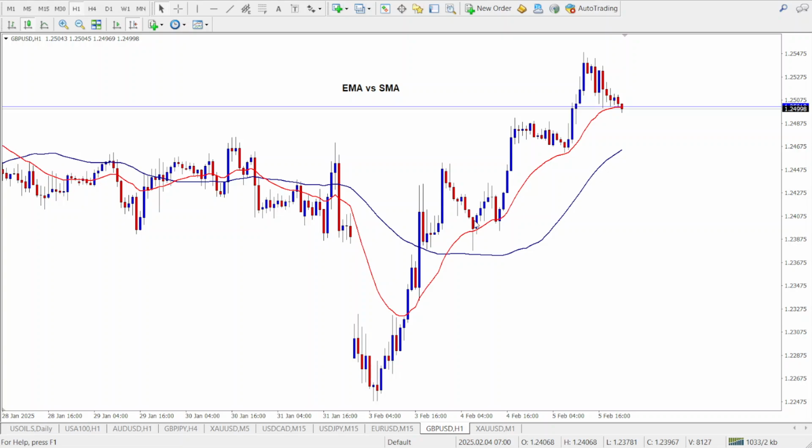This gives you the best of both worlds, stability and responsiveness. Now that wraps up our breakdown of the EMA versus the SMA. Both have their strengths and weaknesses, and the best one for you depends on your trading goals and strategy.